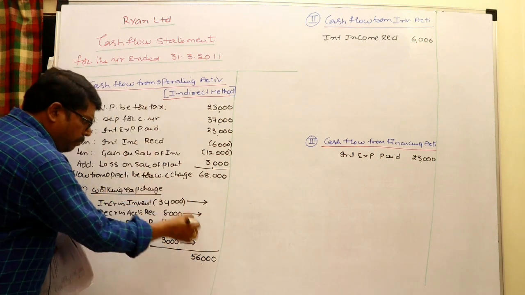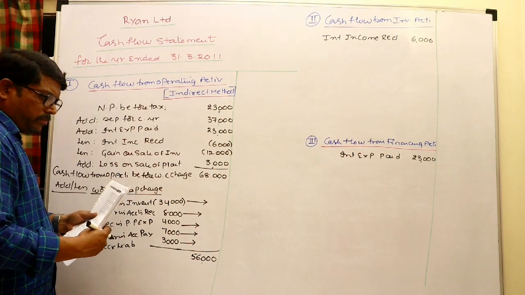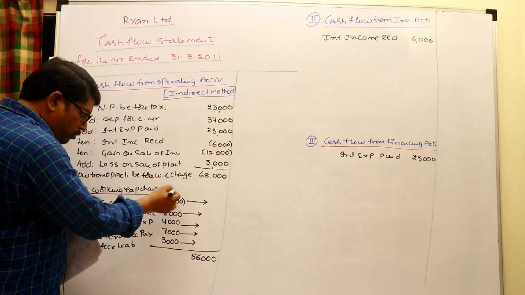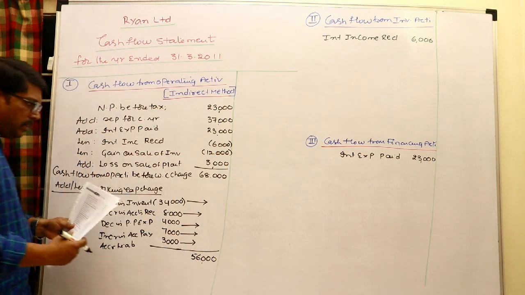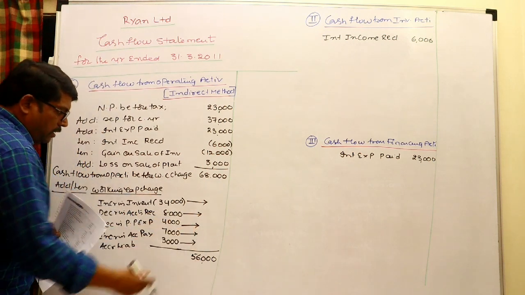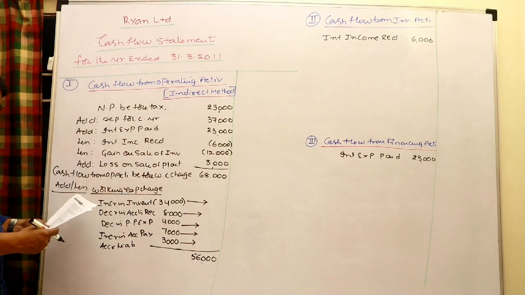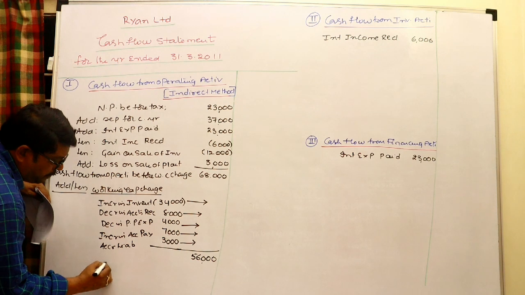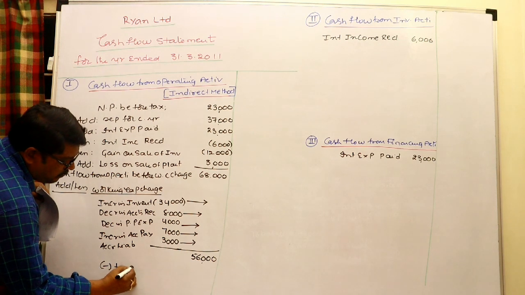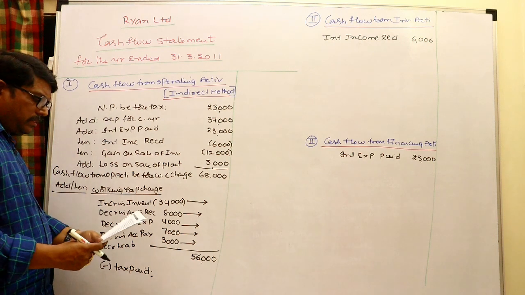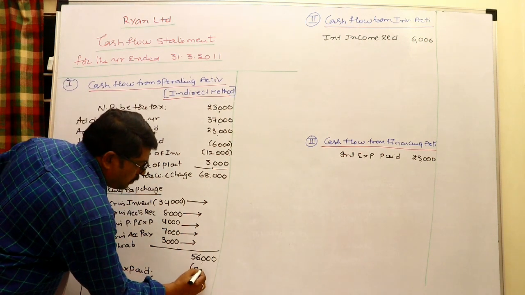Otherwise you can take the net impact, you can write here, no problem. Because I do not have a calculator with me, I am doing it like this. There will be a minus figure: 56,000 minus tax paid 9,000.